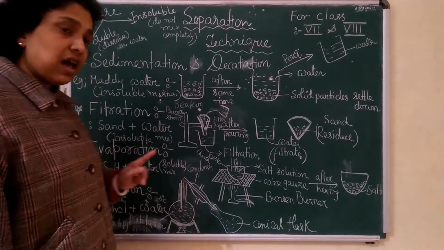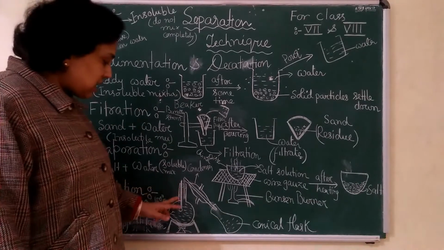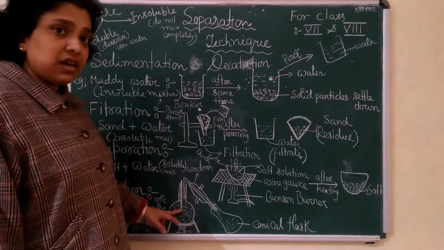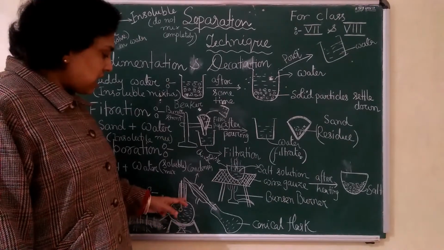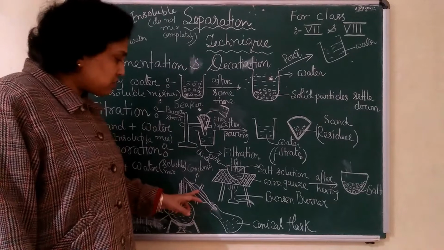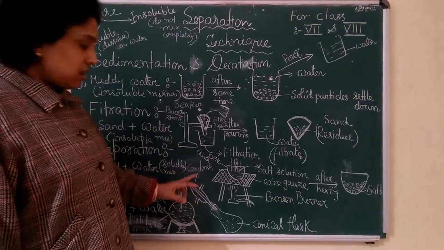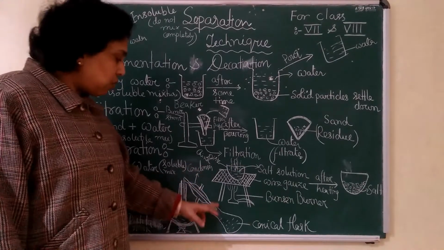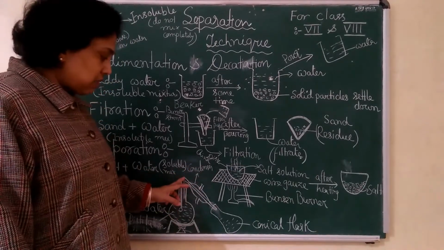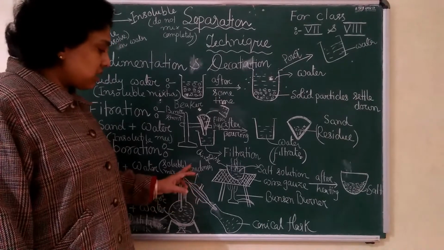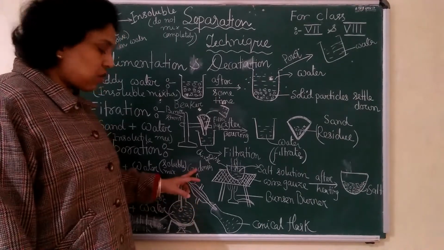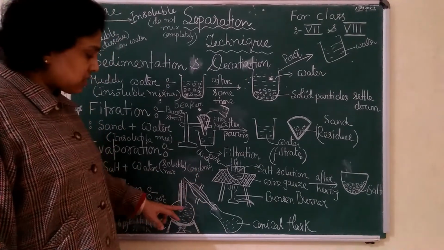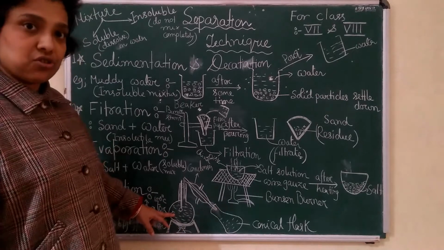So first you give the arrangement. A distillation flask is taken in which a thermometer is inserted, and a delivery tube is attached to a condenser. This whole unit, the delivery tube with the condenser, is called a condenser. Inside this distillation flask we have taken the mixture.